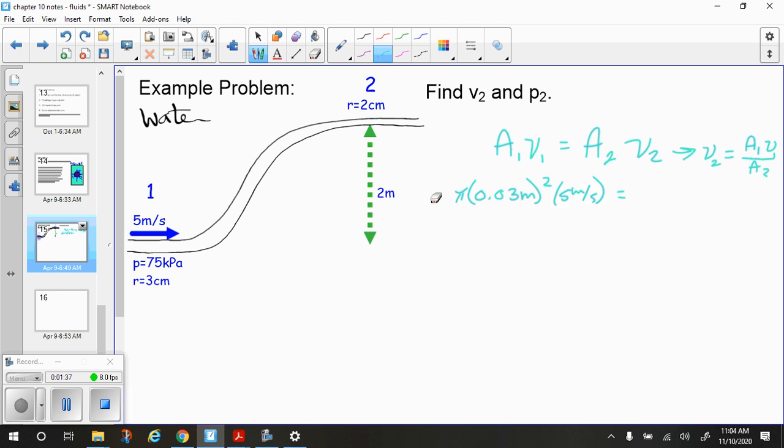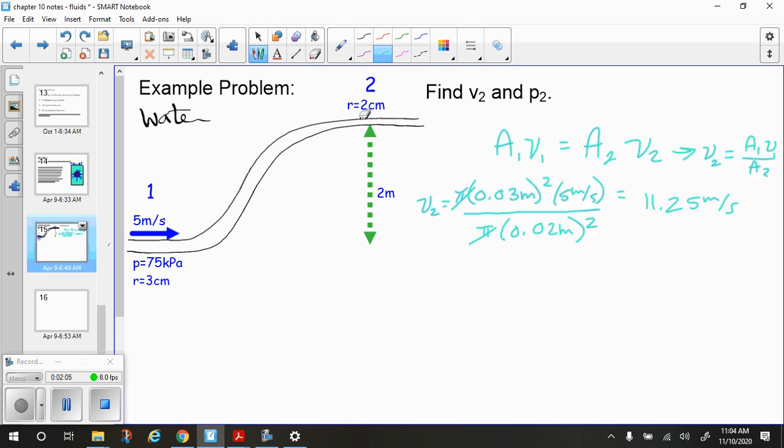So that's what I'm going to do here. I'm going to divide by A2, which is pi times 0.02 meters squared, and that is equal to 11.25 meters per second, because our pi's cancel out there. And so that's our velocity at point 2.